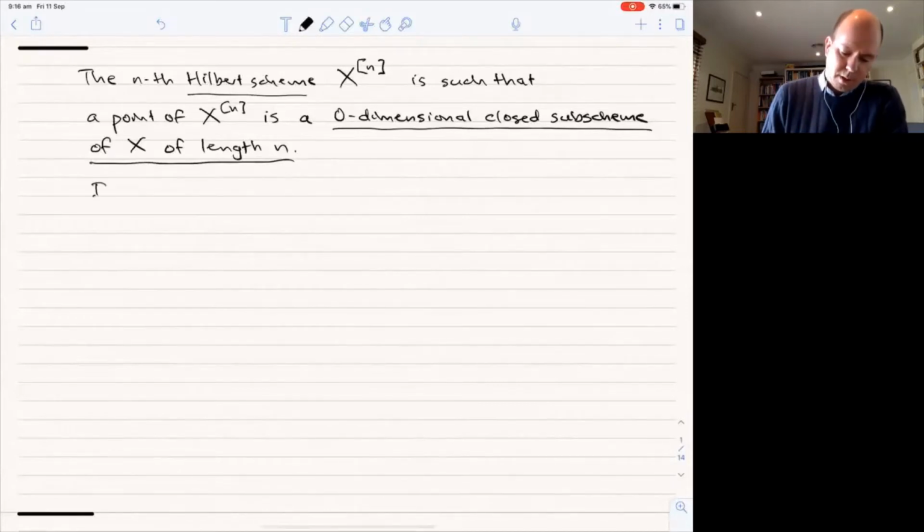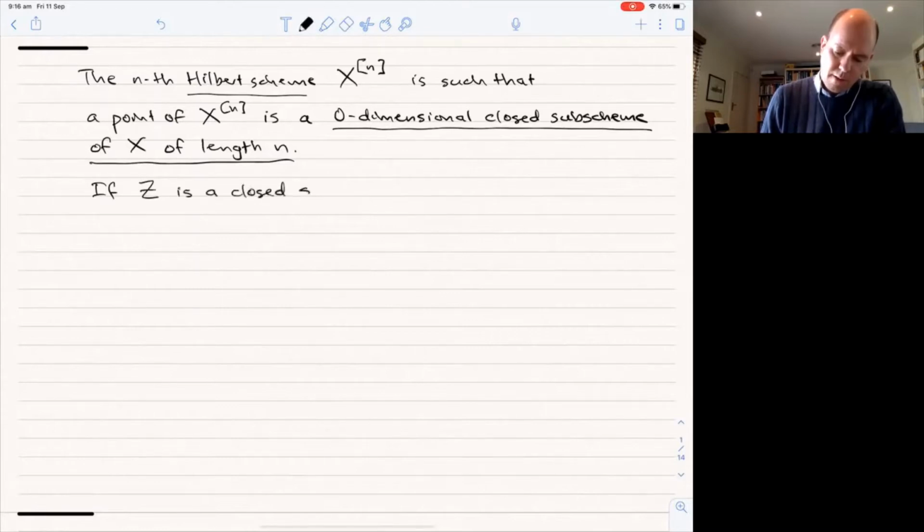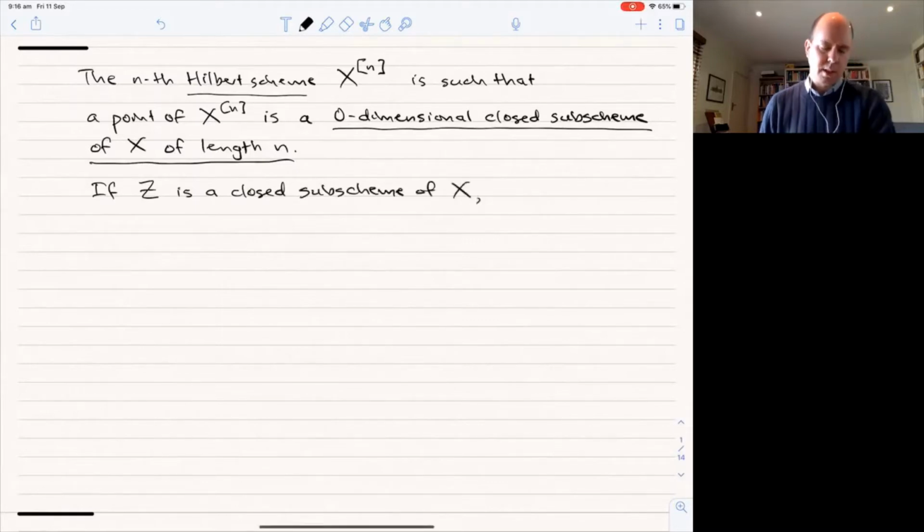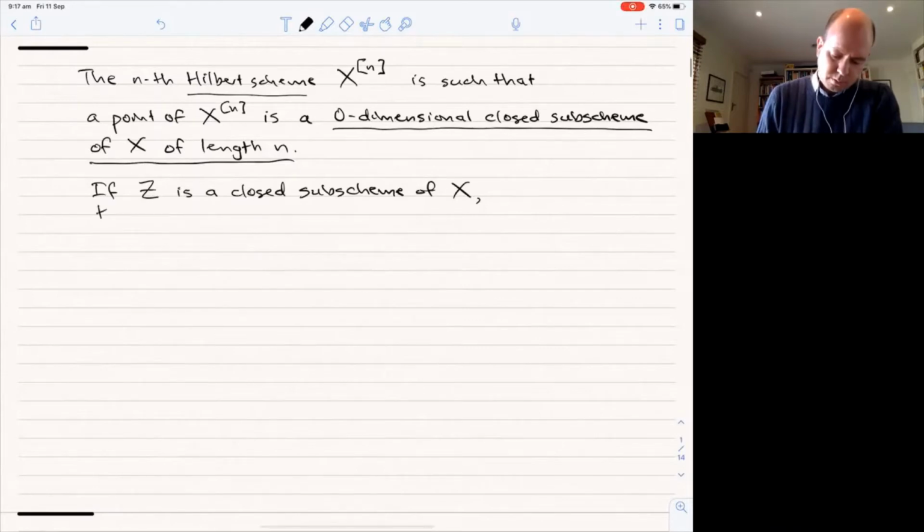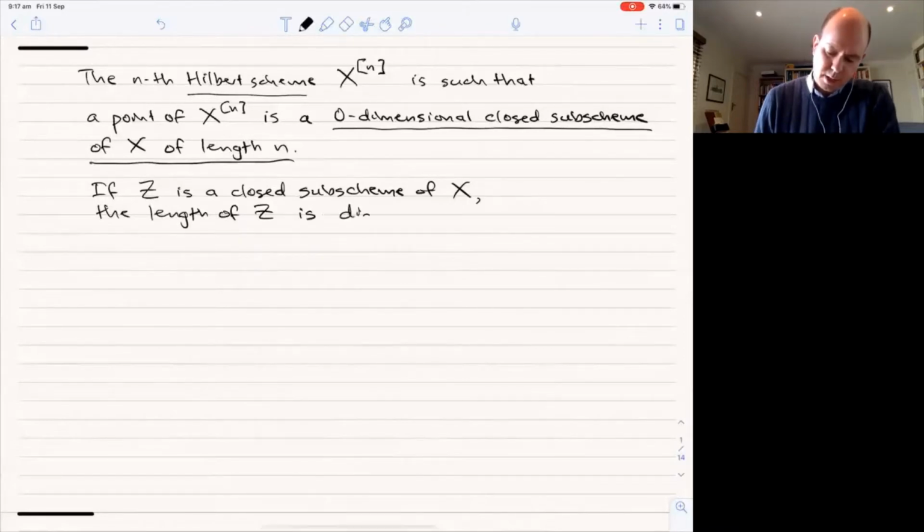If Z is a closed subscheme of X, then the length of Z is, by definition, well, here I'm only saying things which make sense for zero-dimensional closed subschemes.